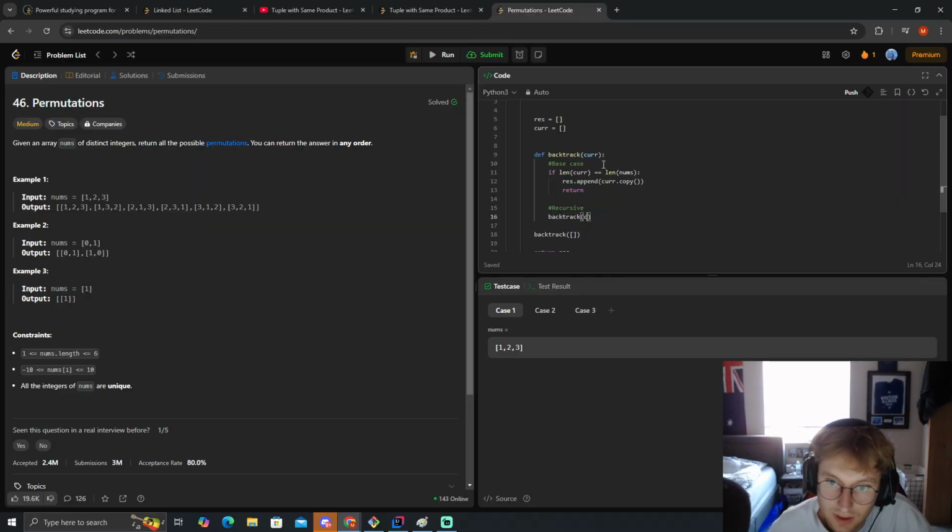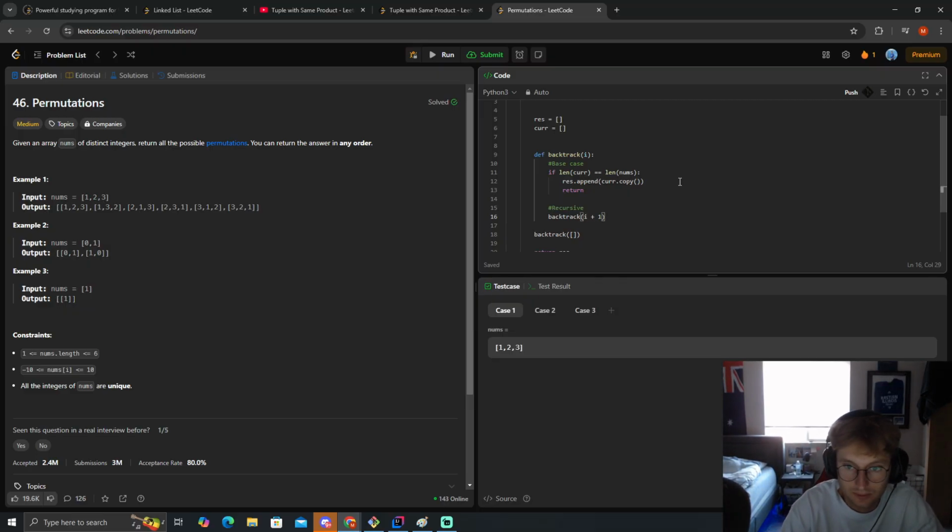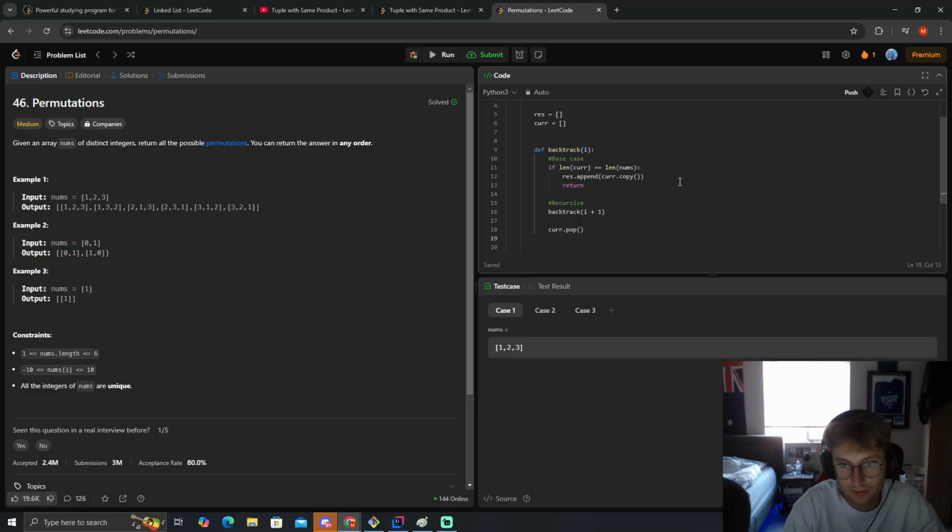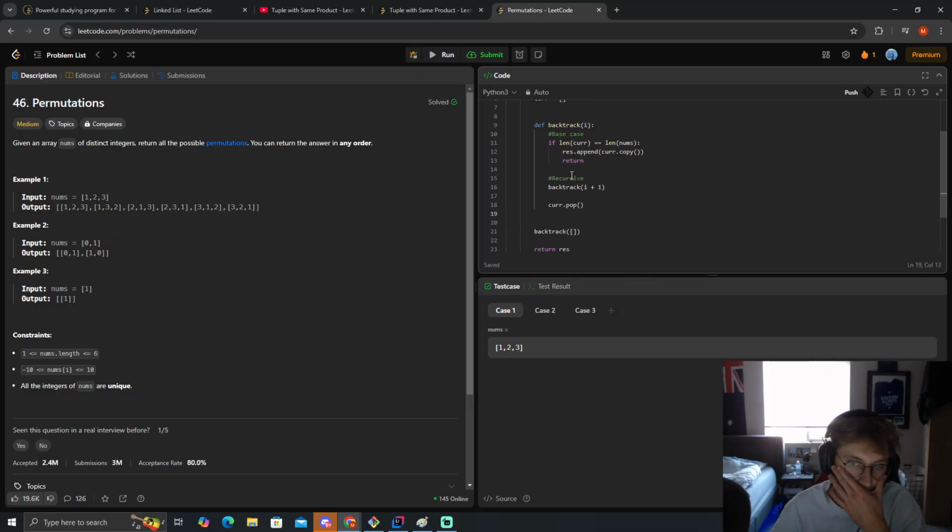Maybe we have to pass in i, actually. Trying to think here. i plus 1. And then we get current.pop, or I'm actually not sure about the recursive case here.